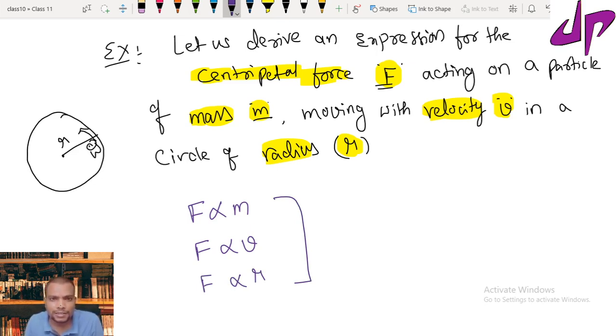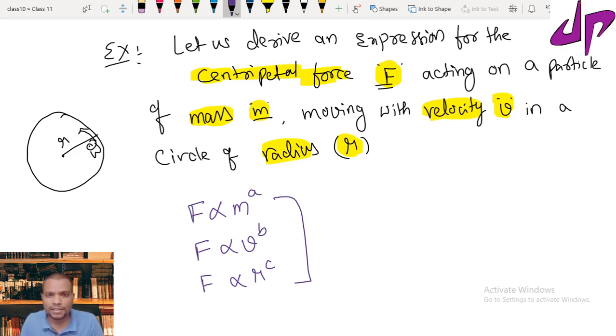Before that, if it is having any powers, let me take them as m power a, v power b and r power c. So here a, b, c are certain powers. We need to find out what these power values are. You will understand why I have taken a, b, c ahead.